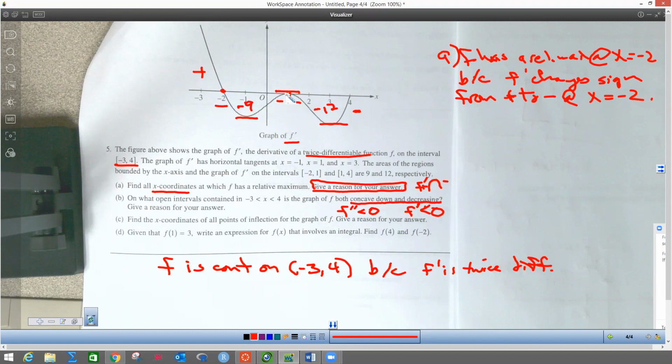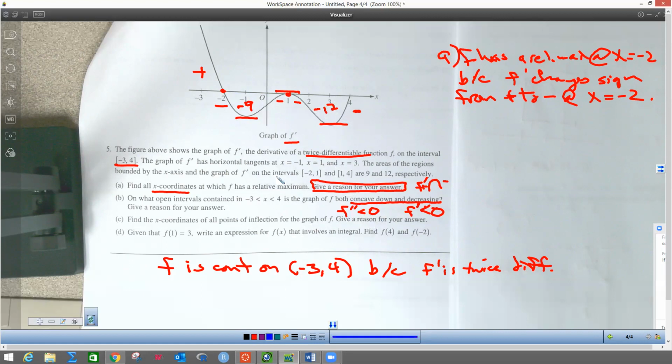Even though that touches this graph, it does not matter. F is still decreasing. Even though just for a split instant it stops decreasing, it's still considered decreasing this whole way. So f double prime, like we talked about in class the other day, which was one of the 5 for 5 questions, f double prime is the slope of this.